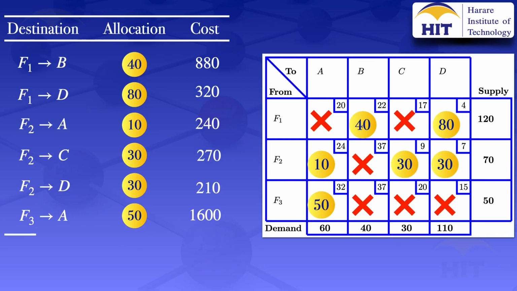I'll go on and sum those so that we get the total cost: 880 plus 320 plus 240 plus 270 plus 210 plus 1,600 gives us 3,520. So the initial basic feasible solution using Vogel's approximation method gives us a cost of 3,520.